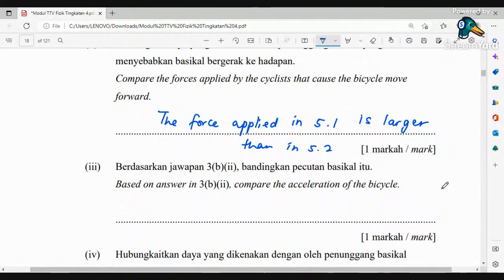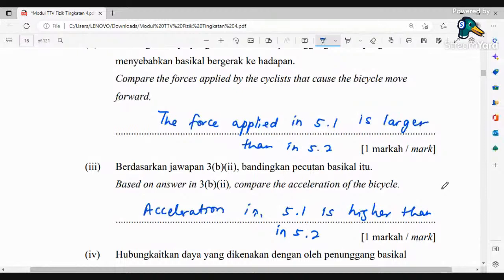Based on your answer 3B1, compare acceleration of the cyclist. Okay, acceleration in 5.1 is higher than in 5.2. Okay, force larger, guna formula F equals to ma ya.